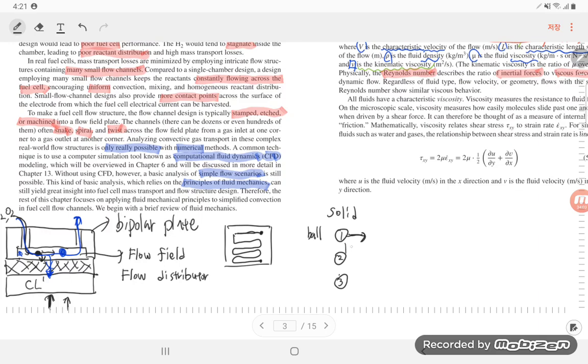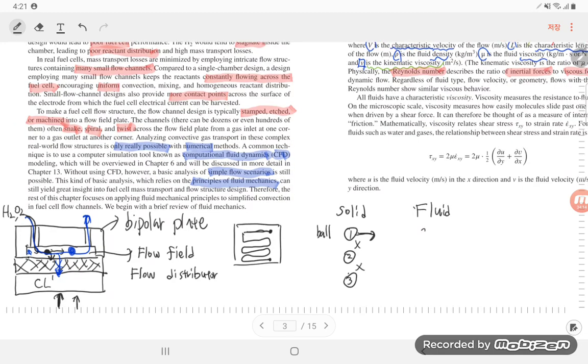They will not affect the motion of the other boxes. But in a fluid, if you want to move these water molecules or gas molecules, they are connected together.